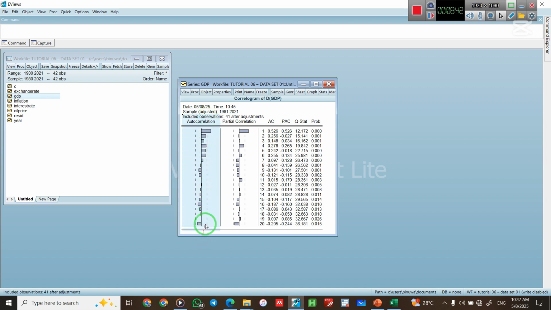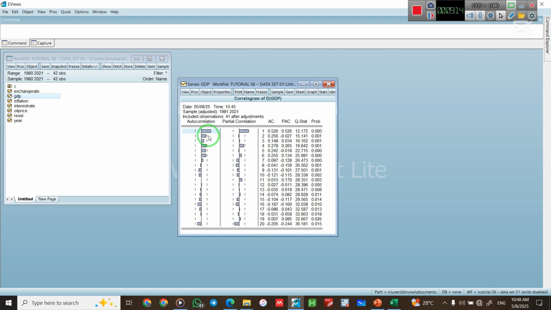Also, we say a lag is significant if any of the values in here go beyond these two dotted lines or boundaries. So in here we can see that this is the only lag that goes beyond the significance level.